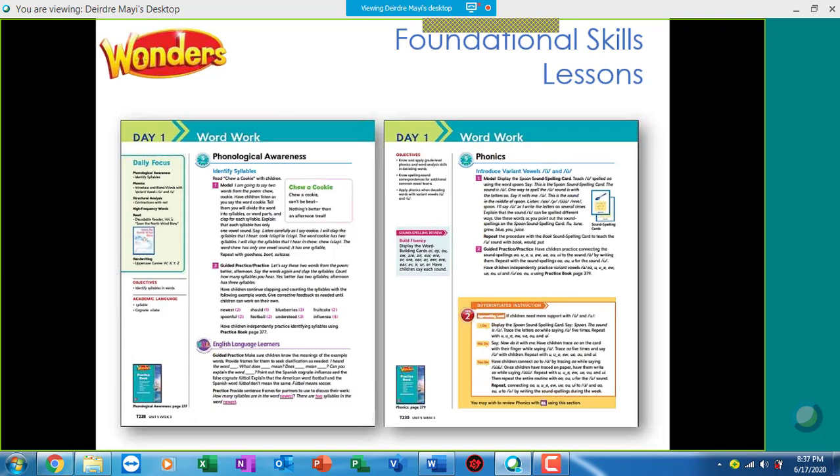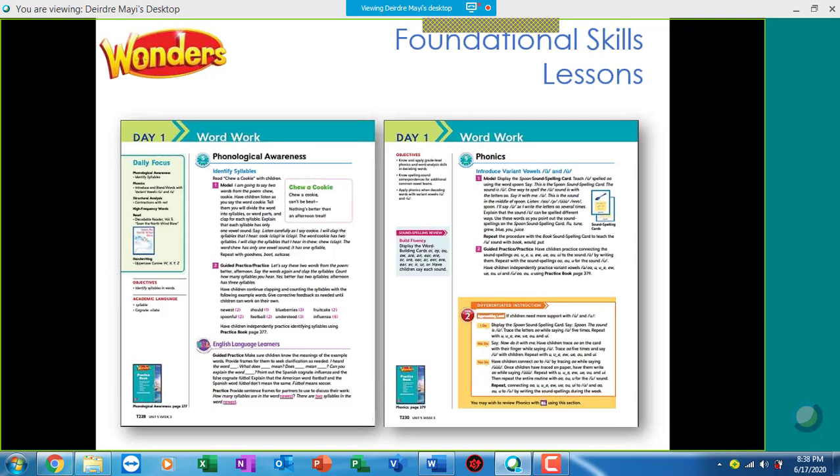So if you look on the screen, you will notice that every single day, your foundational skills will look and feel very similar in that we always begin with phonological awareness. We always stress the hearing of sounds before the association of the symbol.